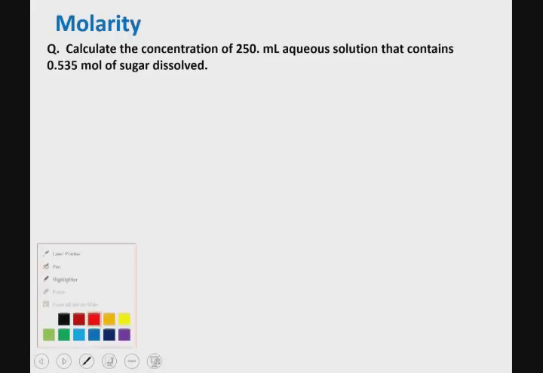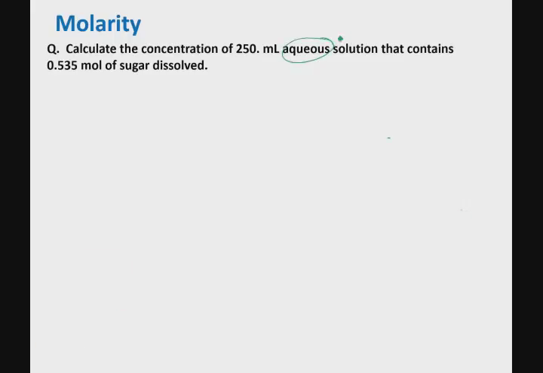So when you read this problem, first of all, what is the solvent in this solution? Exactly. The solvent is given by the term aqueous, so we know water is the solvent. Then we are also told that sugar is the one that is being dissolved, so the sugar is the solute in this case.